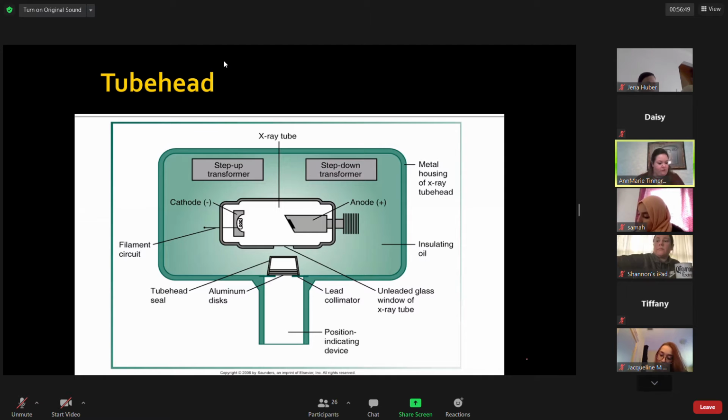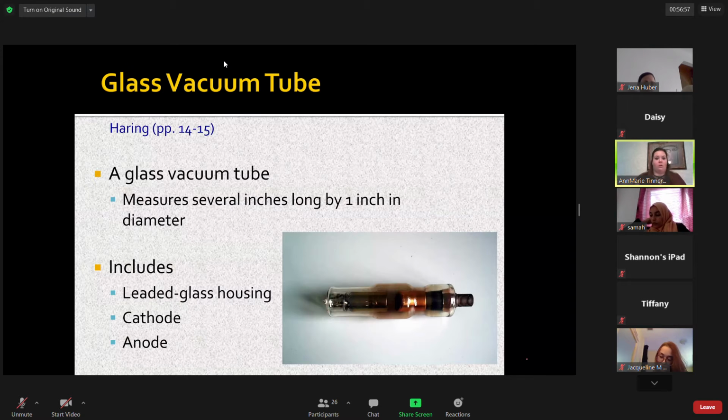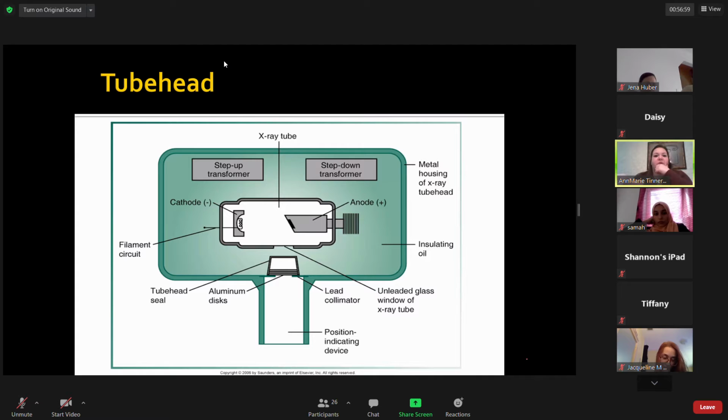All right, here is your tube head. We're going to talk about all these components within the tube head. So if we look back at this picture, you can see this portion here is your position indicating device. That's your PID, okay?